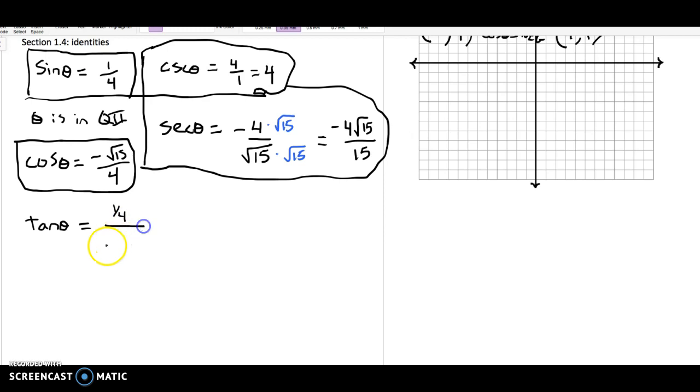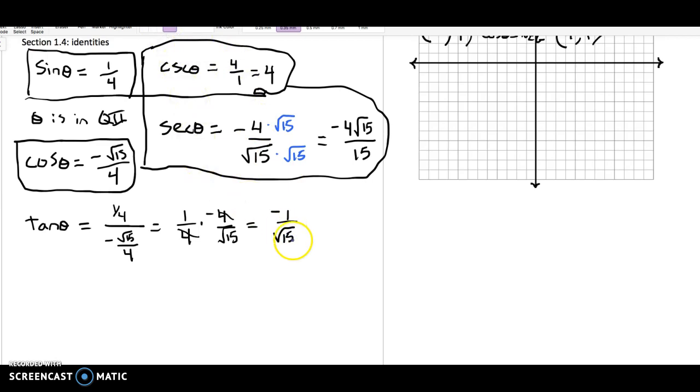And instead of writing cosine, I would write negative the square root of 15 over 4. So now I just do a little arithmetic. You always want to simplify. So I would have 1/4 times, and what I have to do, of course, is multiply by the reciprocal. That's how we divide a fraction. So I'm doing that here, and then these cancel, and I have a negative 1 for the top, and I have the square root of 15 for the bottom.